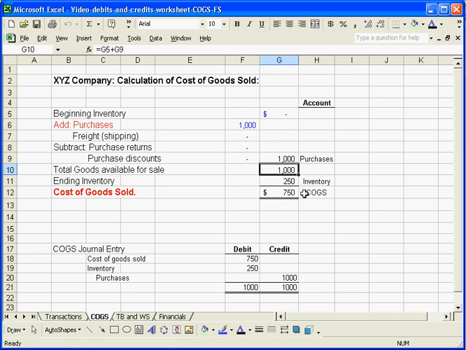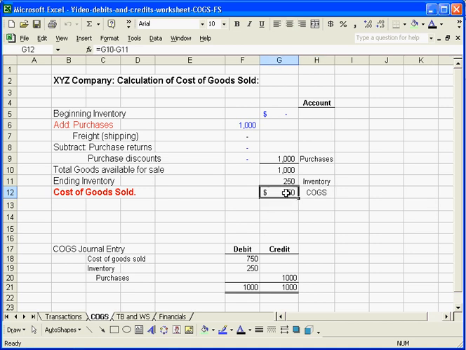Now, this $1,000 is what we had to sell for the whole year. And when we went on the floor and counted, we realized that we have $250 left in inventory. So it's $1,000 minus what's left, which equals $750. That's our cost of goods sold.